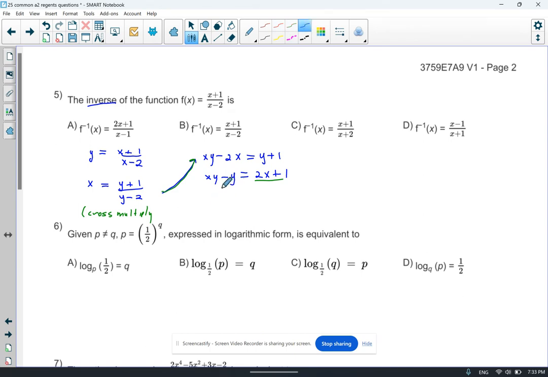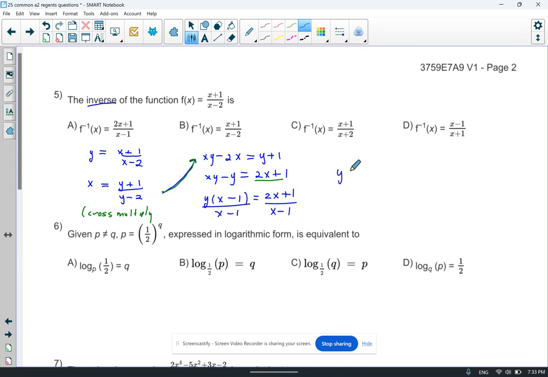We're going to factor out that y. So this becomes xy divided by y is x, y divided by y is 1. And now, to get y by itself, we're going to divide both sides by x minus 1.